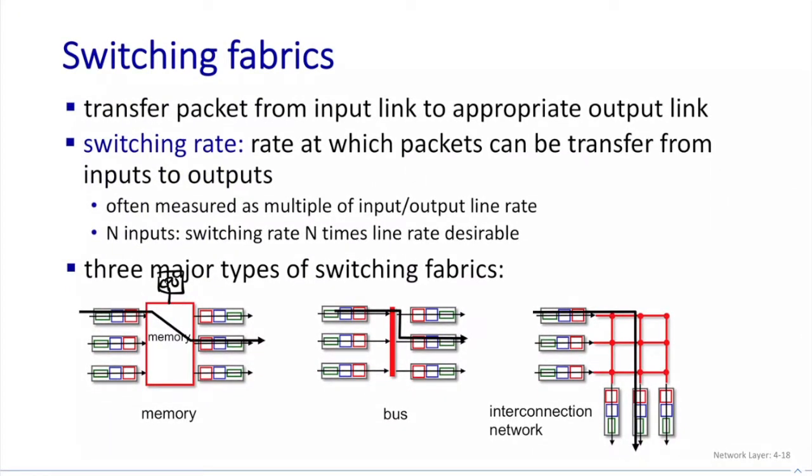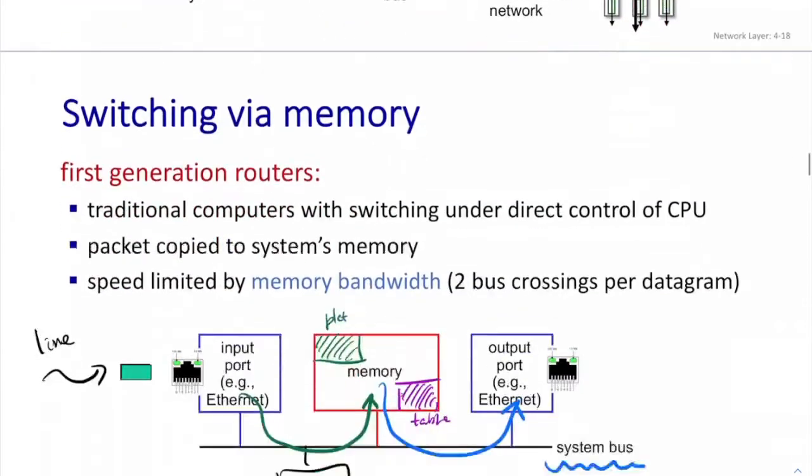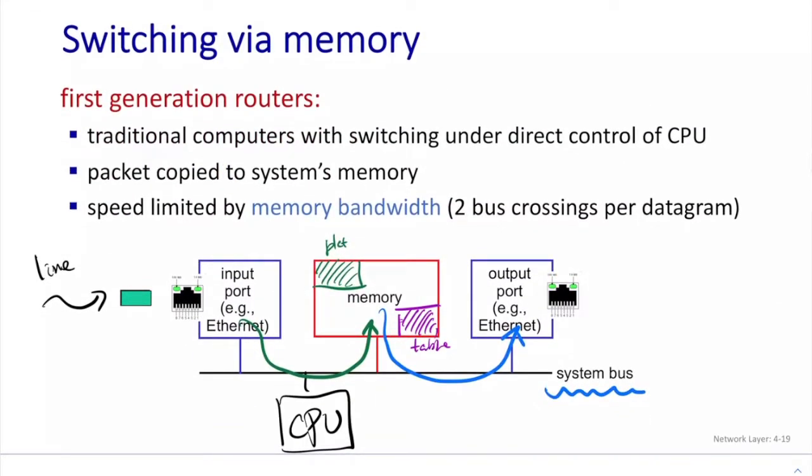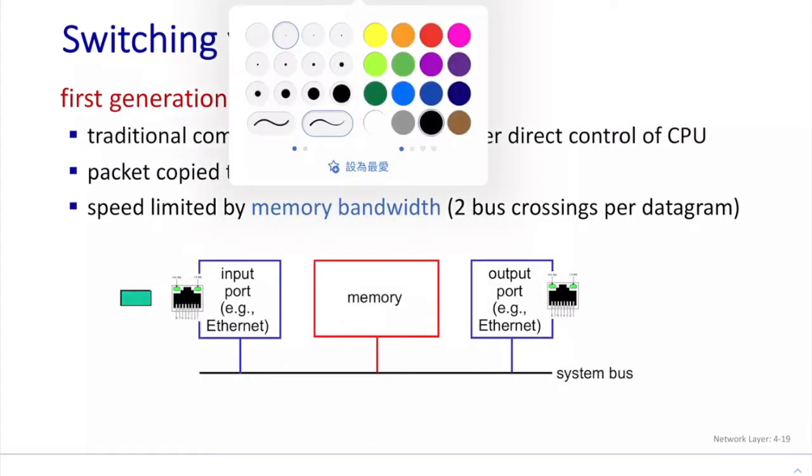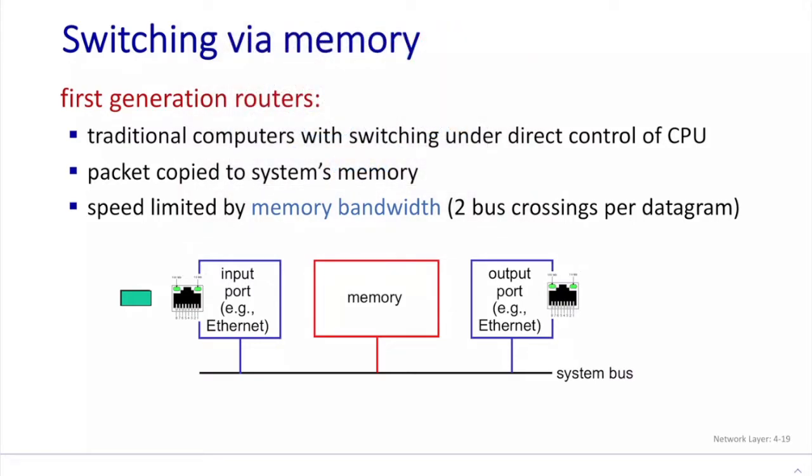The next part is how switching fabrics work: transfer the packet from the input link to the appropriate output link. Usually in the textbook we have 3 different mechanisms. Let's take a look at this one. It is the traditional way to do switching, via memory.